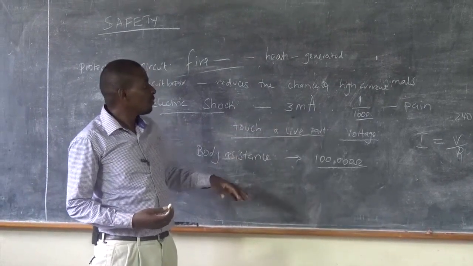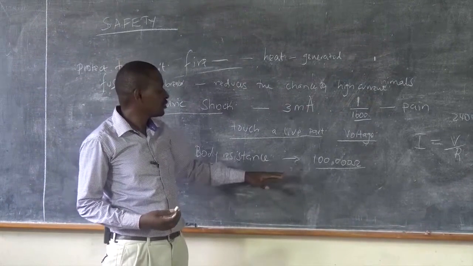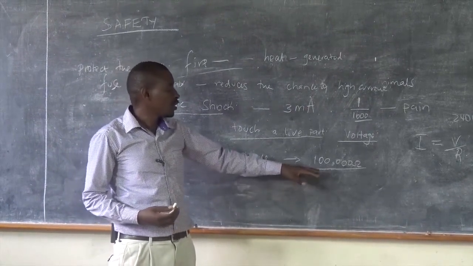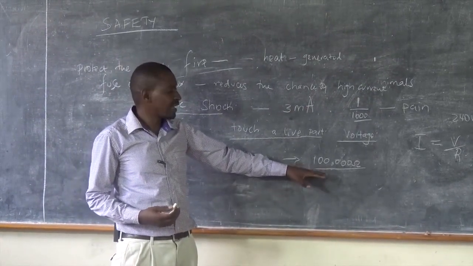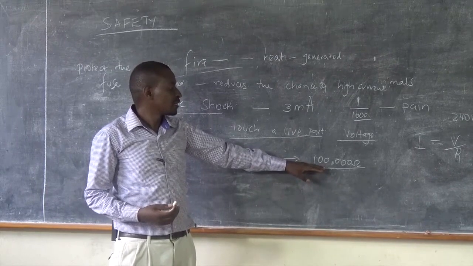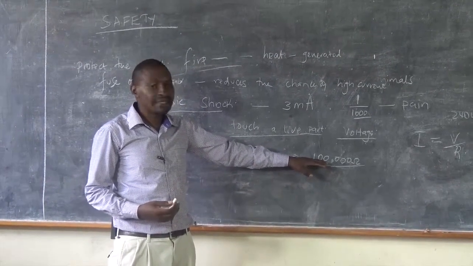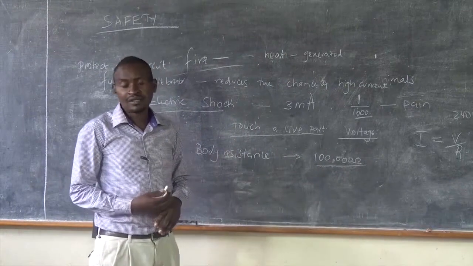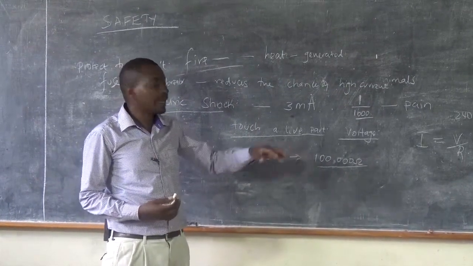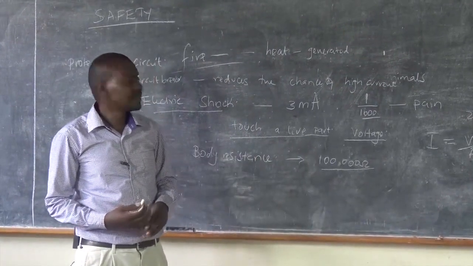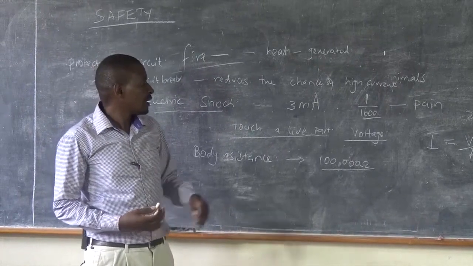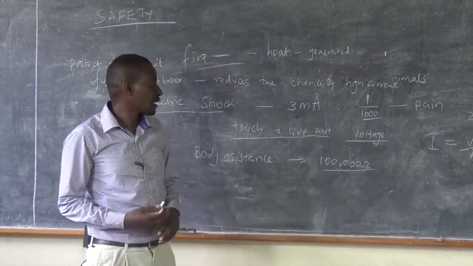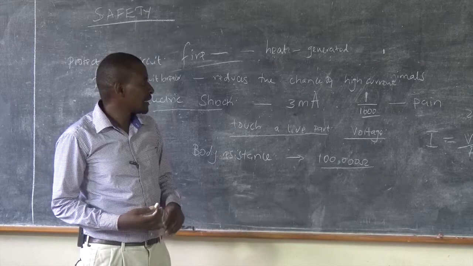If for one reason or another your body resistance is lower than this, then the risk of a higher current flowing through your body increases, and this can be very dangerous.